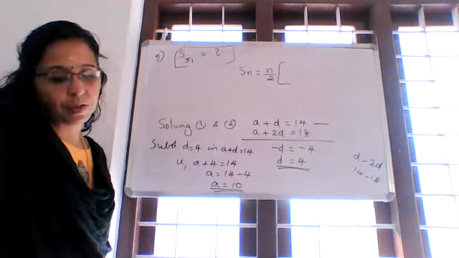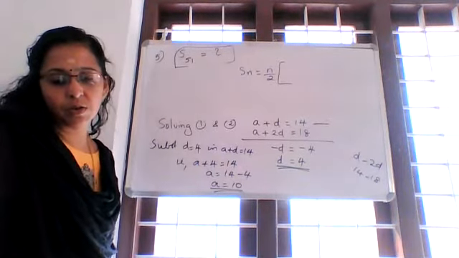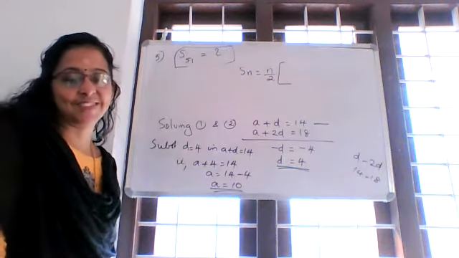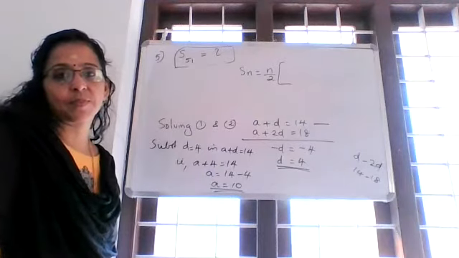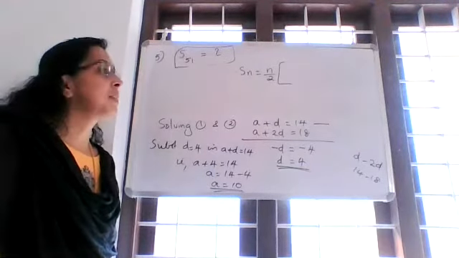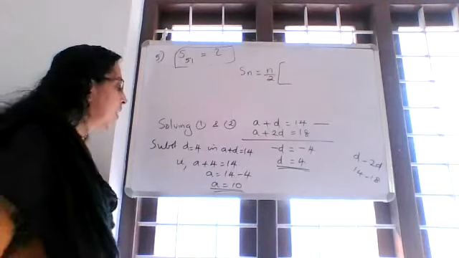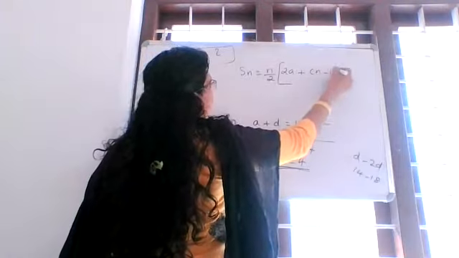We don't have the last term, so we can't apply first term plus last term. We use n by 2 into 2A plus N minus 1 into D.